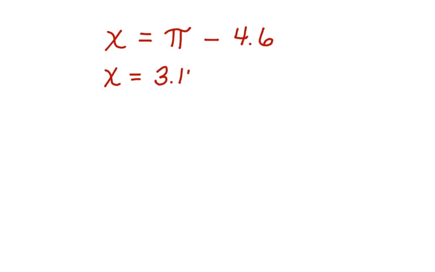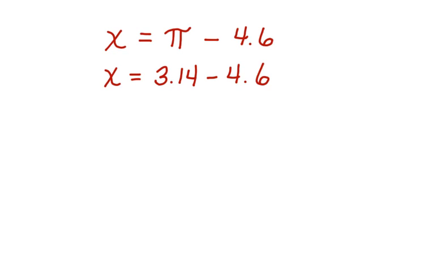Now, sometimes you're going to see something that looks a little different. You might have something that looks like this: x equals pi minus 4.6. And I want to solve for x. So again, I can use an approximation for pi, and I have x is equal to 3.14 minus 4.6.